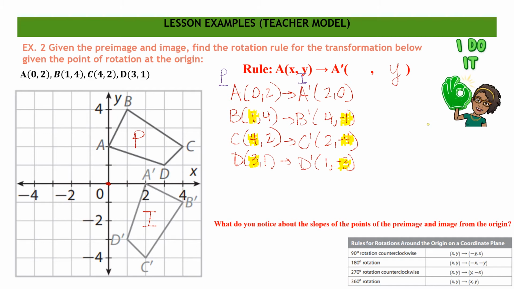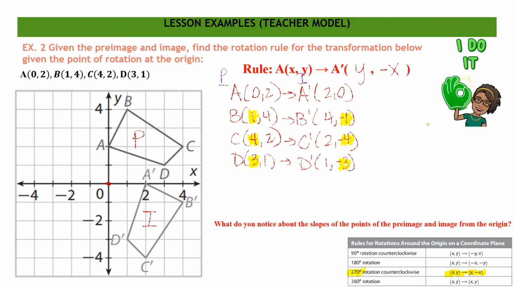I didn't switch them. It was supposed to be (y, x). So (y, x) here. And then I see my X has now changed sign. So if I look at my cheat sheet here at the bottom, I notice that anytime that I switch and have my X to be negative, that tells me that I have a rotation of 270 degrees.